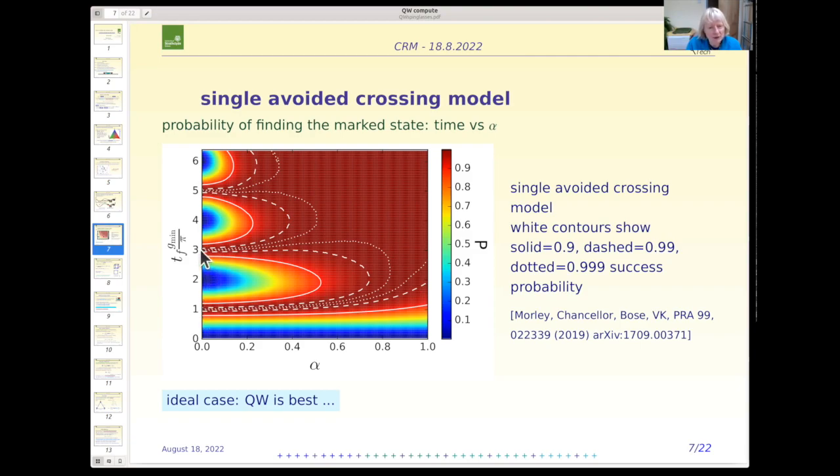This is all in the large size limit. And then adiabatic quantum computing is over here, and it takes a little longer, and it only reaches probability 1 asymptotically.